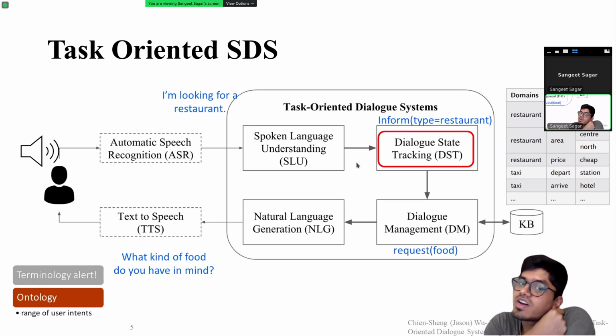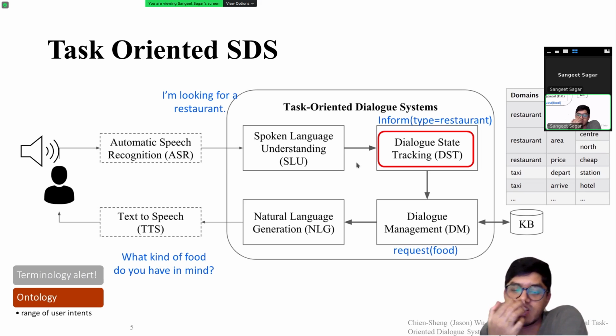Then we have a DST, or dialogue state tracking module, also known as a belief tracking module, which maintains the different states of the dialogue. If I'm a user and I ask for a restaurant, the DST must understand that the goal of the user is a restaurant search. Hence, the type becomes restaurant.